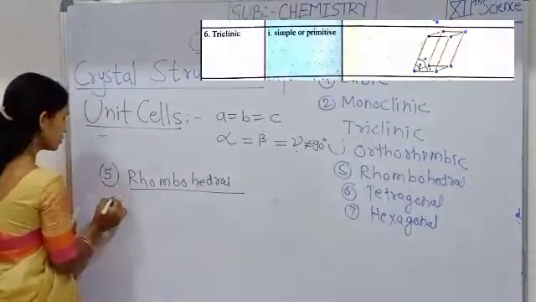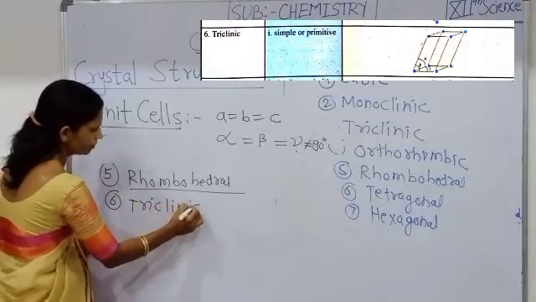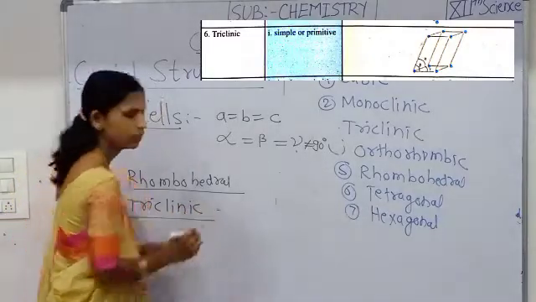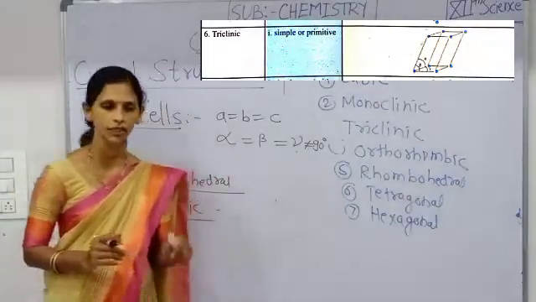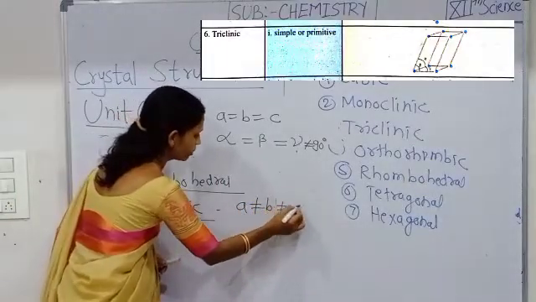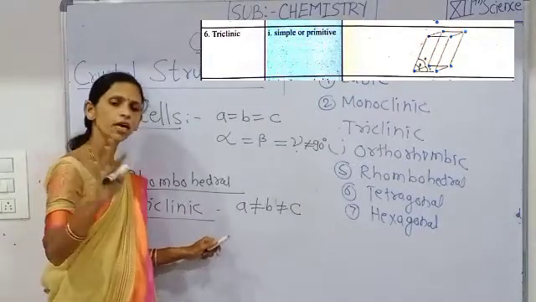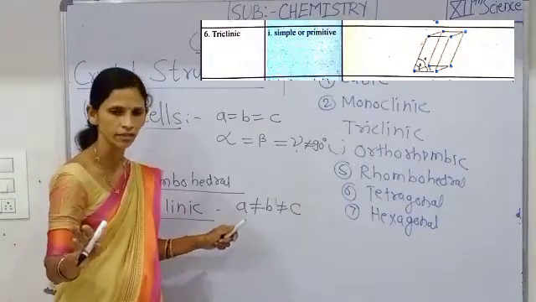Then next, sixth one, that is the triclinic unit cell. In the triclinic unit cell, see here, A is not equal to B is not equal to C, that means all three edges are of different length.